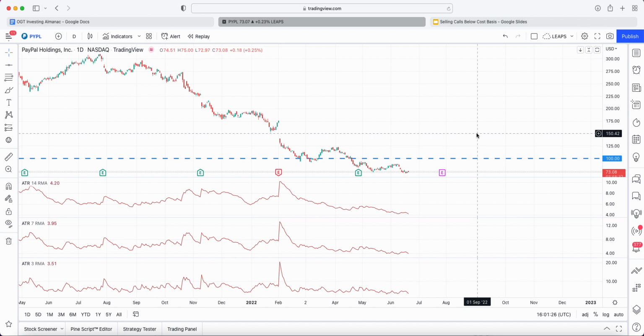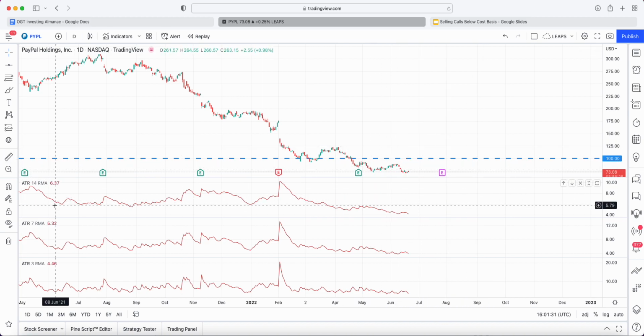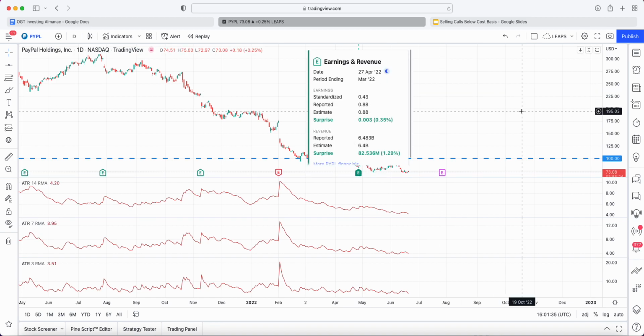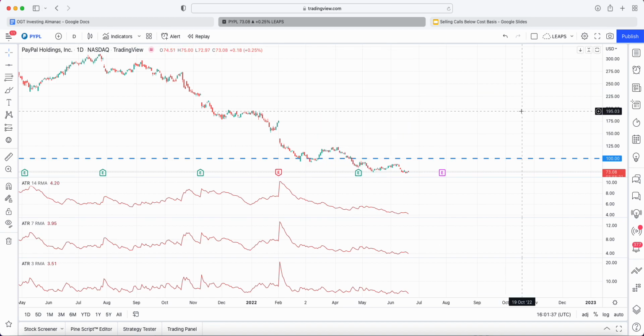And the last 2 weeks doesn't include any earnings, because earnings was back in April. So this is relatively stable information. You can see PayPal hasn't done that much, so it needs to go up $4.20 every single day to get to that strike.